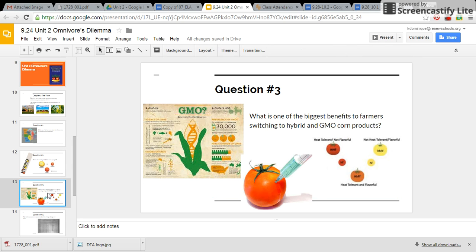Question number 3. What is one of the biggest benefits to farmers switching to hybrid and GMO corn products? GMO stands for genetically modified organisms. Select your answer now.